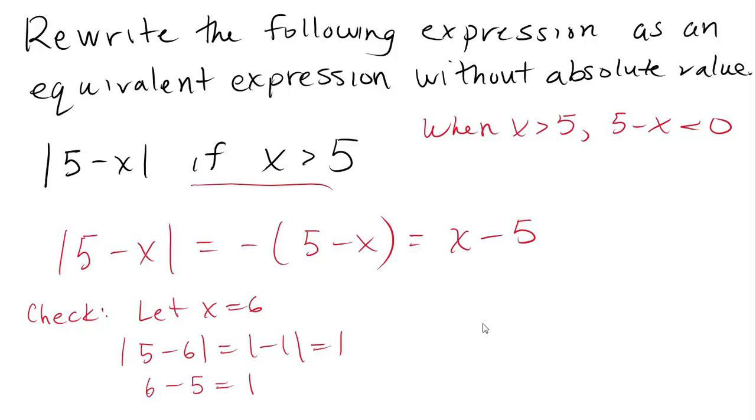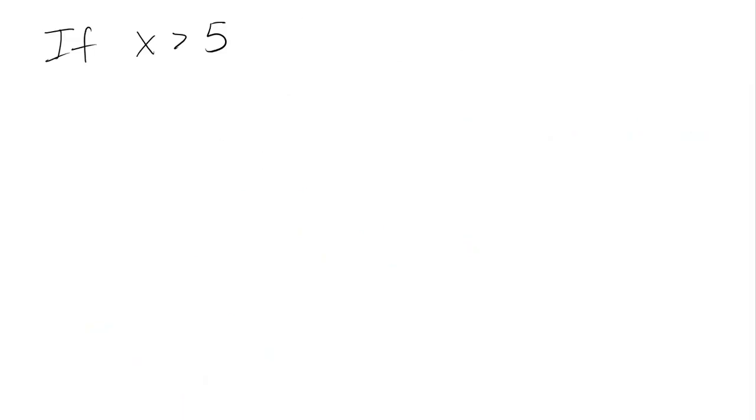So I promised you 2 ways to make this determination that the input of 5 minus x is less than 0. The first way, we just did it with number sense. We just guessed some numbers, but we can do it a more formal way. I'm starting with the expression x is greater than 5, and I want to learn something about 5 minus x. So if I start with the expression x is greater than 5, then I can simplify it by subtracting x from both sides.